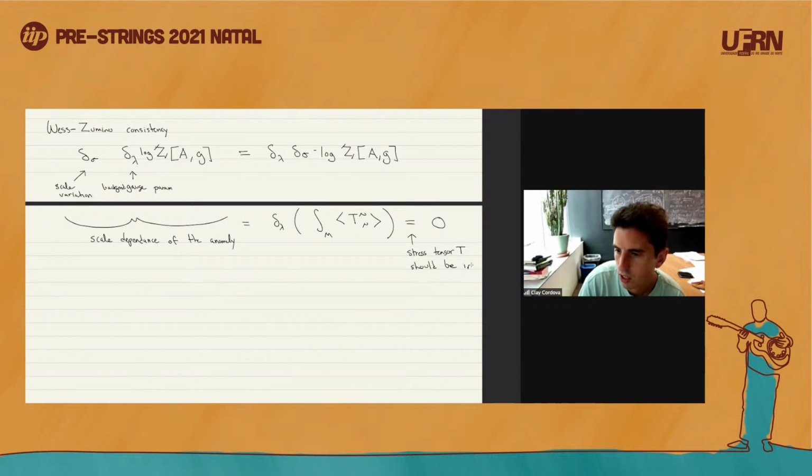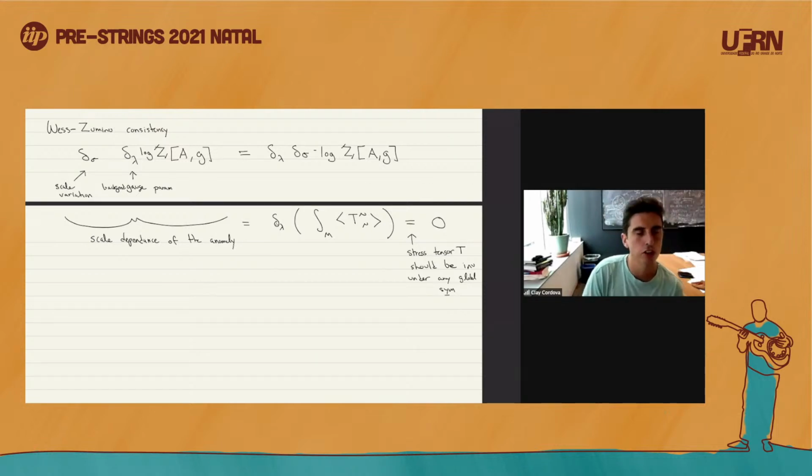It should be invariant under the global symmetry. So it shouldn't respond to taking the gauge variation. So this is what I wanted to show you.